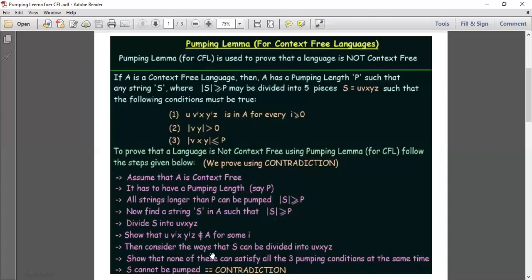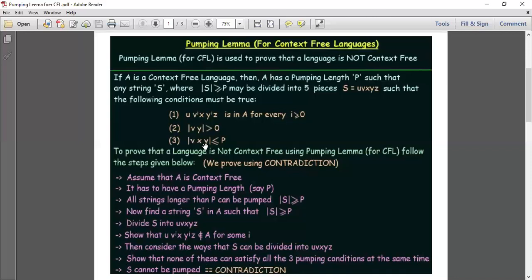Then consider the ways that s can be divided into u v x y z, so that none of these can satisfy all three pumping conditions at the same time. What is the meaning of this statement? It means the three conditions are not satisfied.